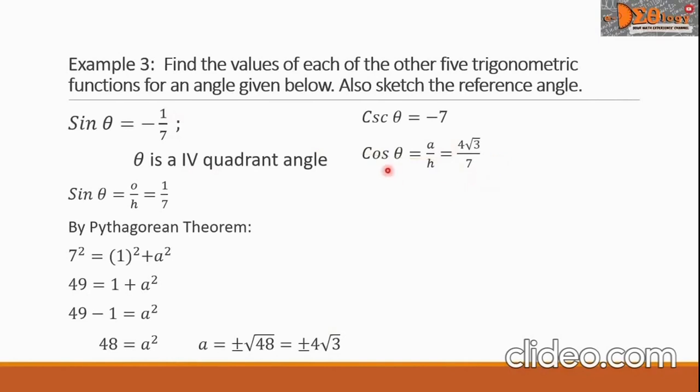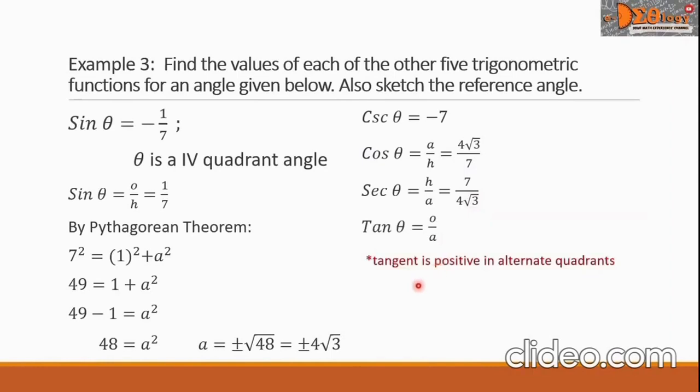Now the reciprocal of cosine is secant. So we will get secant theta equals h over a. We will take the reciprocal of cosine. So we now have 7 over 4 square root of 3. The next function is the tangent theta, which is equal to opposite over adjacent.